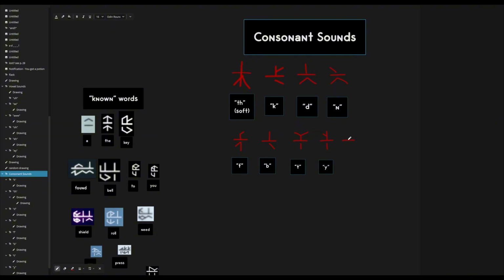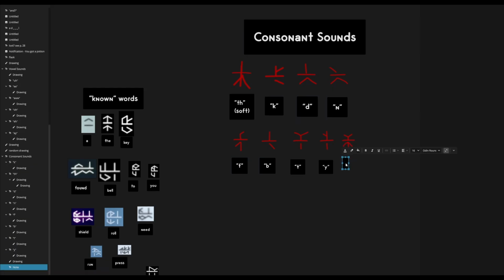Oh my gosh. So we go up and out like a T. We go down. And we go, okay, that is complicated looking. And that is SH, which I believe only has one pronunciation.